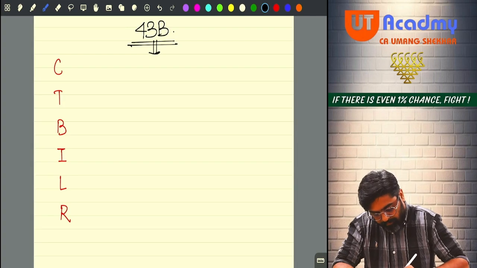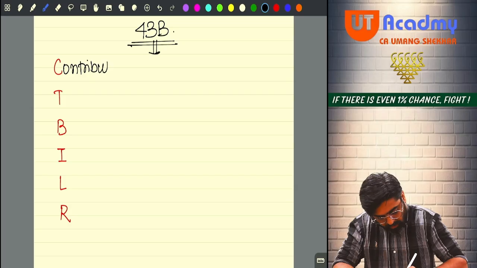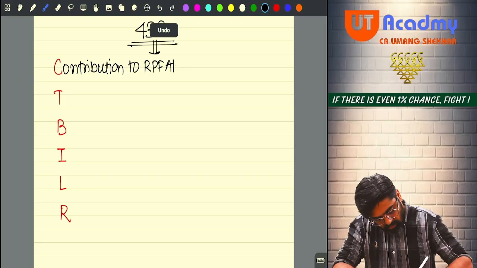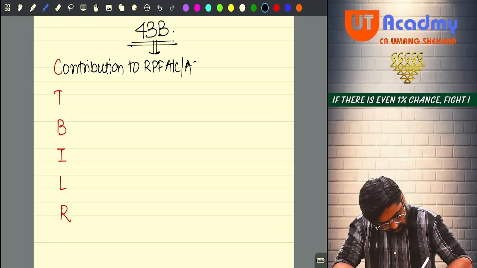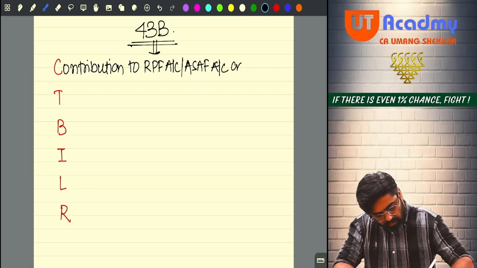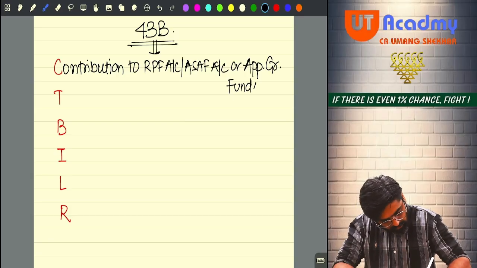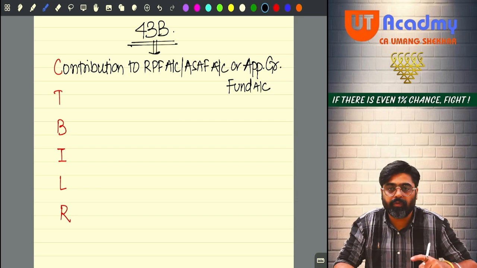C for contribution to PF account or SAF account or approved gratuity fund account of the employees.